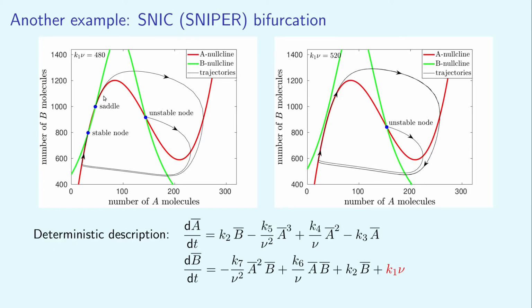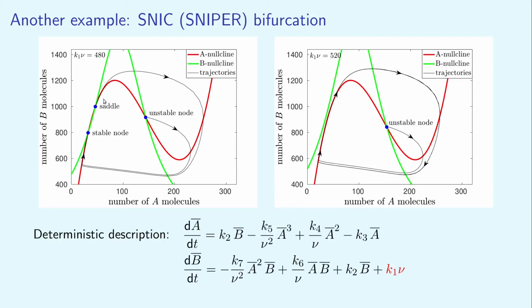In general, if we start a trajectory close to a saddle, then it takes a very long time to leave the saddle. Therefore, at the bifurcation point, the limit cycle will have an infinite period, which explains one of the names for this bifurcation.